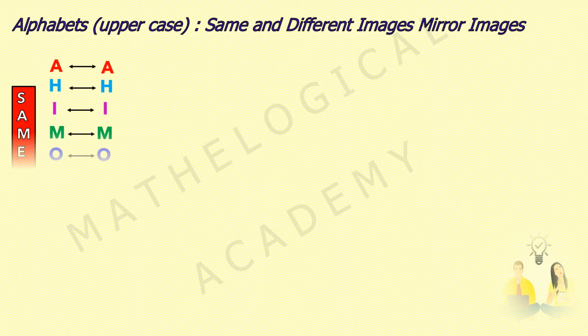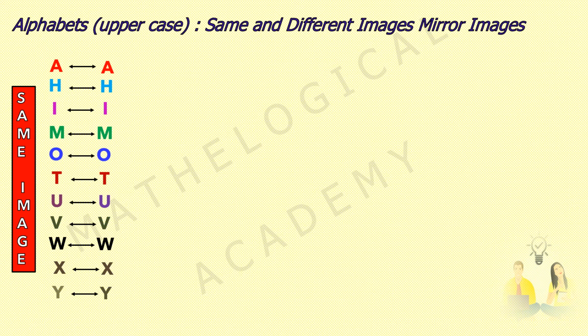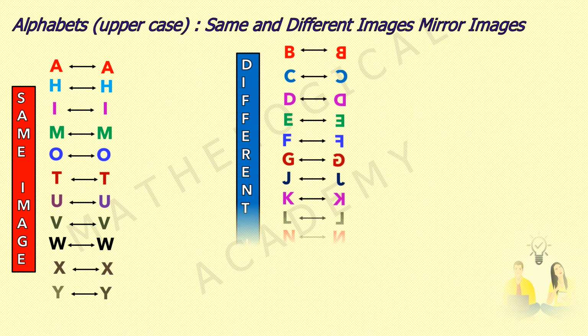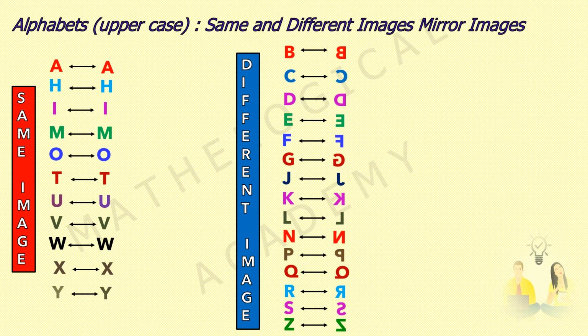Please have a look. Alphabets with the same mirror image will be symmetrical along the vertical axis. Alphabets with different mirror images will not be symmetrical along the vertical axis.